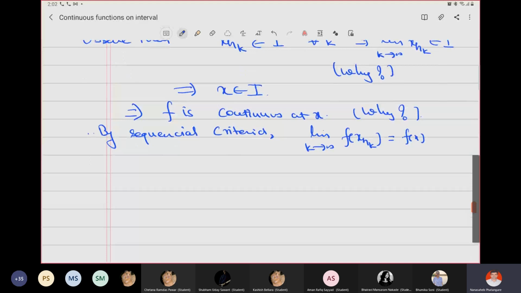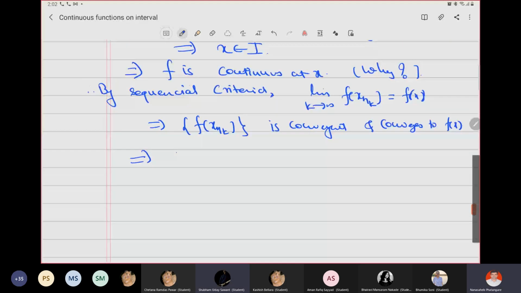Therefore the sequence f of xn k is convergent and converges to the number f of x. Do we agree? Yes, sir. And therefore f of xn k is a bounded sequence, because every convergent sequence is bounded.